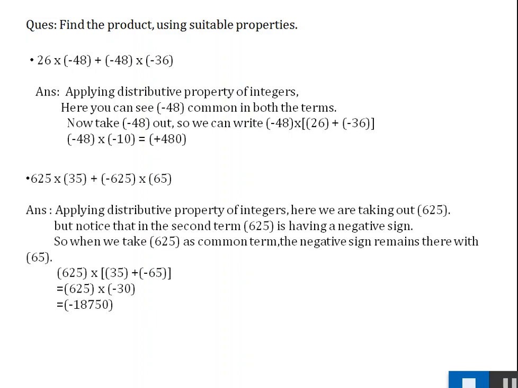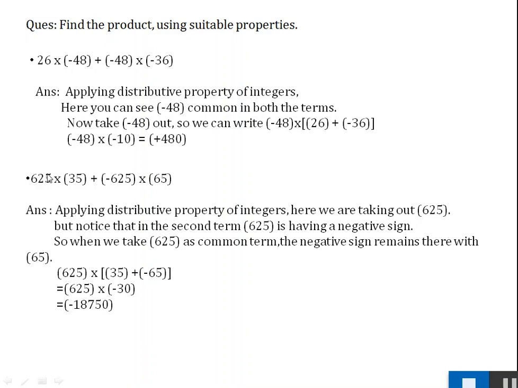Next question. 625 into 35 plus minus 625 into 65. Here you can see which is the common term. 625 is the common term. Can I say negative 625 is a common term? No. Because here no negative sign is there. So 625 I can take it out.